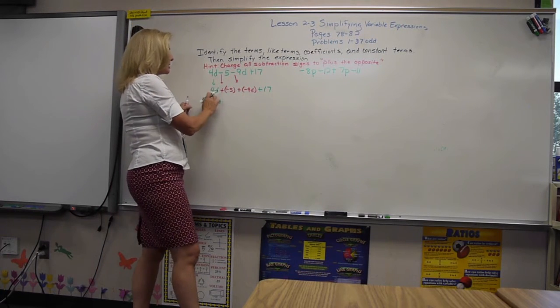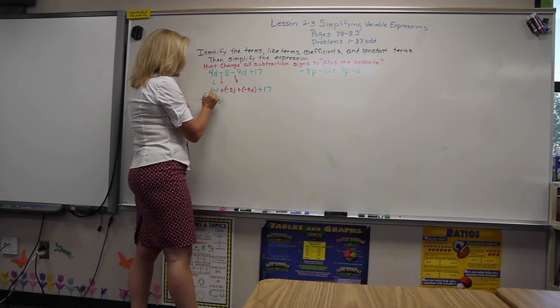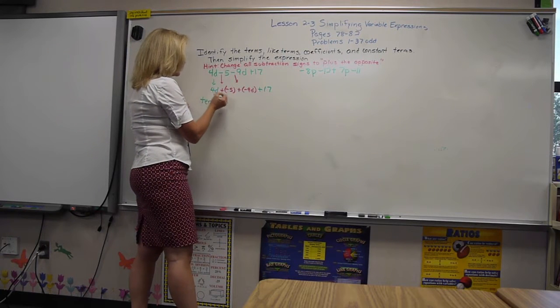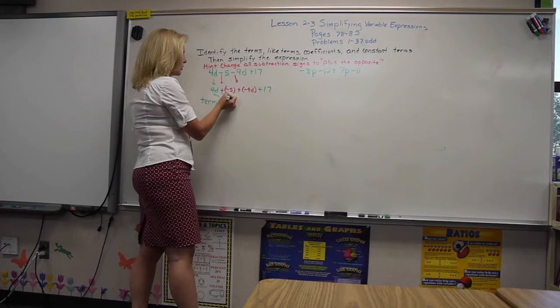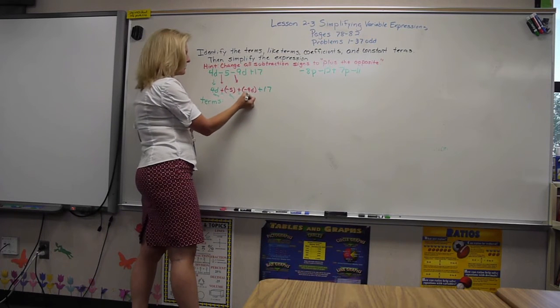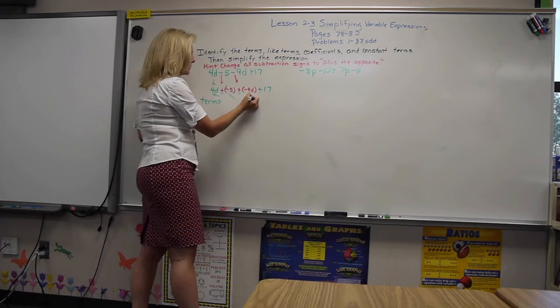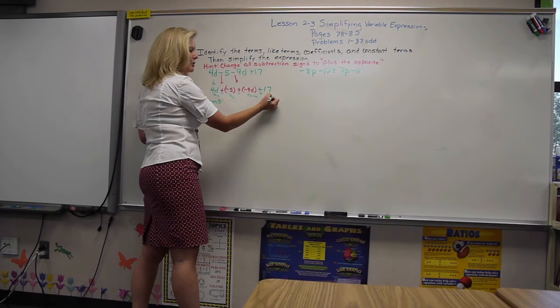So multiplication is not two separate terms, but I see this as my first term. Now I see my addition sign, so whatever follows it has to be a term. I see an addition sign, so whatever follows it has to be a term. I see an addition sign, so whatever follows it has to be a term.